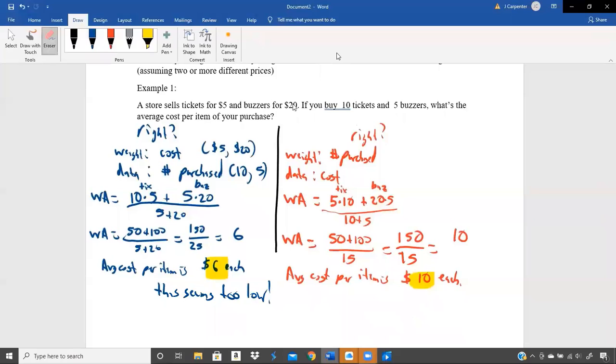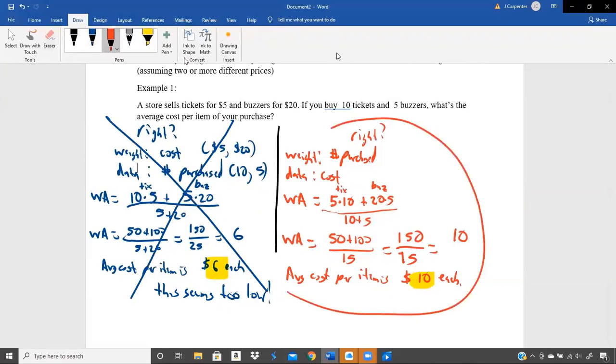It's $10 away from the buzzers. That's a little more in between and just feels more appropriate. So you might think that the blue one was going to be right, but it actually is incorrect. The correct answer, the correct process, not just answer, because that's the important aspect, was this.